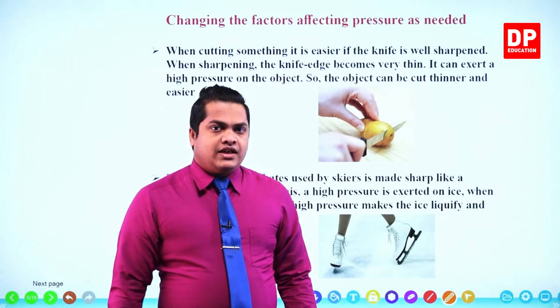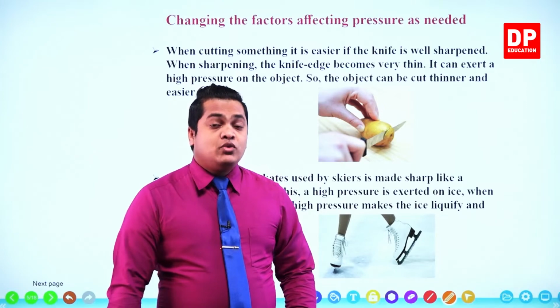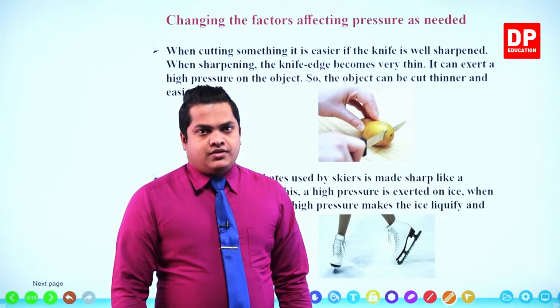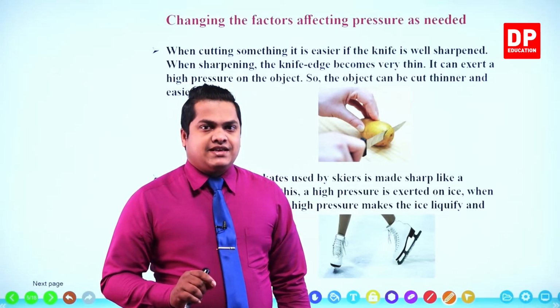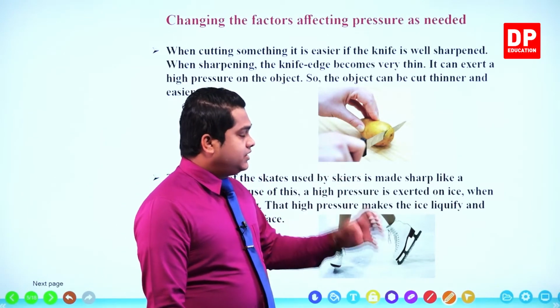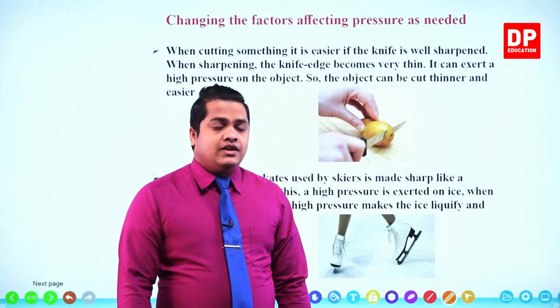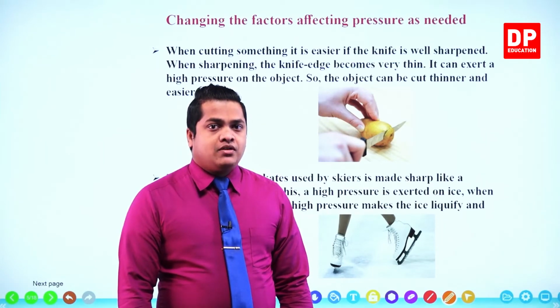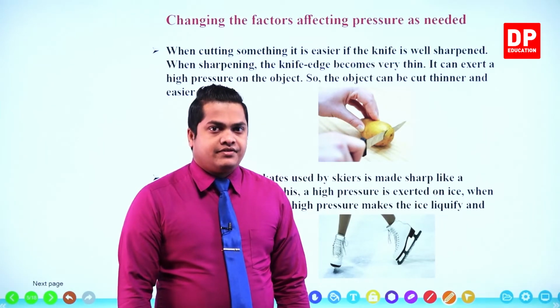That kind of relationship is called an opposite or inverse relationship. So when you are reducing the surface area, pressure is going to increase. That's why we can cut these materials very easily when you are using a sharper blade in a knife.